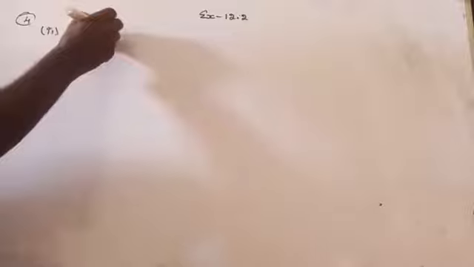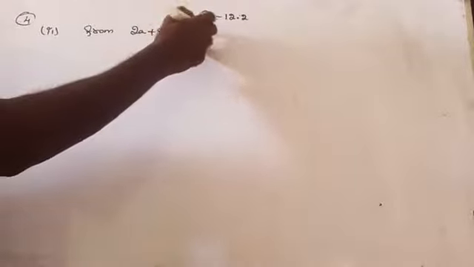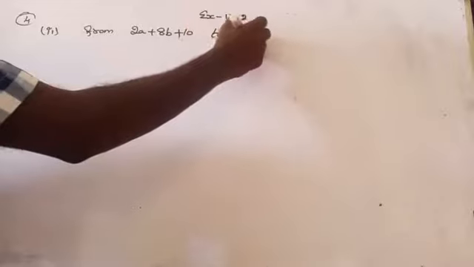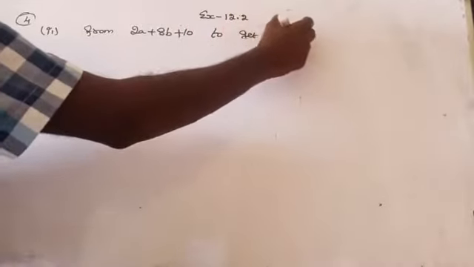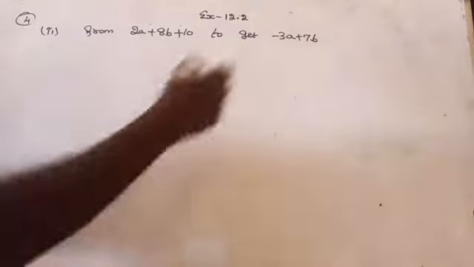Now look at the second part of the question: what should be subtracted from 2a plus 8b plus 10 to get minus 3a plus 7b plus 16?